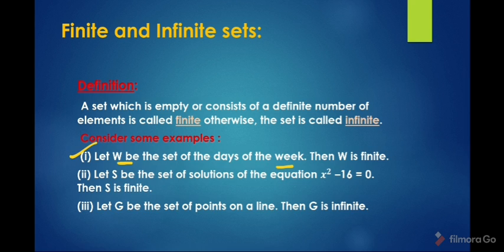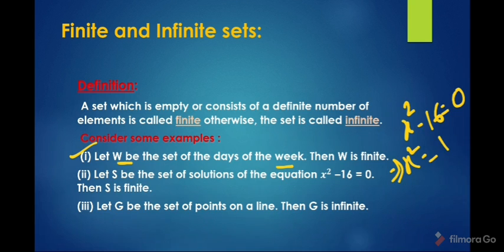Now suppose a set S is the solution set of the equation x square minus 16 equal to 0. What are the elements which satisfy this equation? x square minus 16 equal to 0 means x square equal to 16, so x has to be plus minus 4.